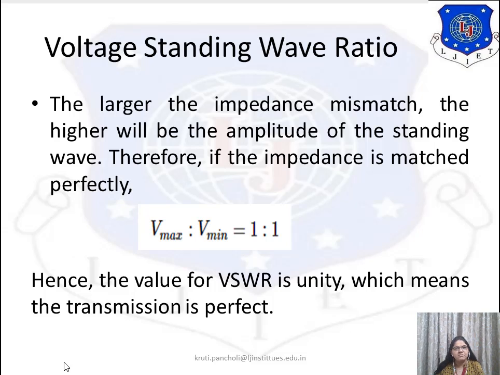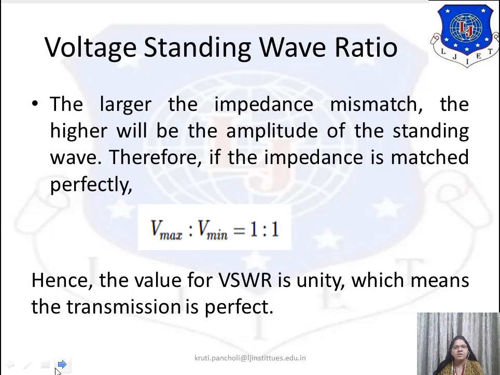The larger the impedance mismatch, the higher will be the amplitude of the standing wave, because when you are transmitting the power or the voltage from the generating end, if the characteristic impedance does not match, then some power is absorbed by the load and other power is reflected back to the source.